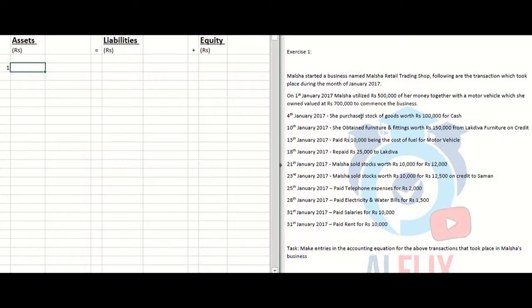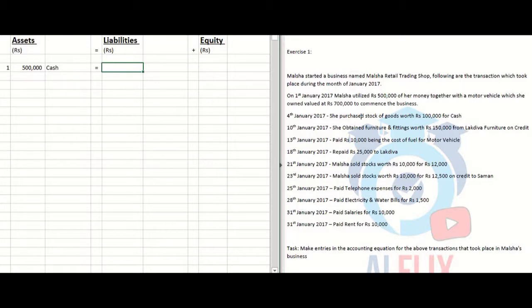So this transaction will be entered into the accounting equation as shown. First, she is bringing cash into the business. That will be an increase of assets for Rs 500,000 in terms of cash to the business, which will equal liabilities.